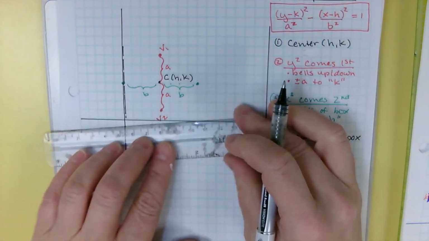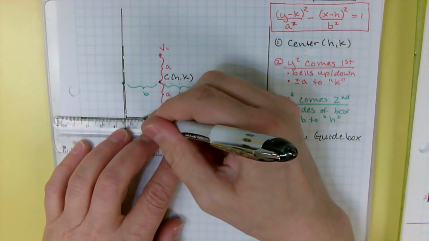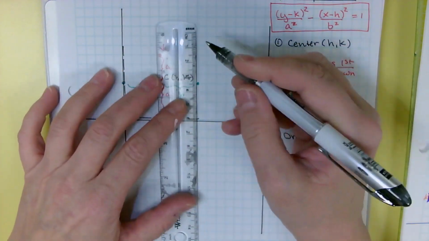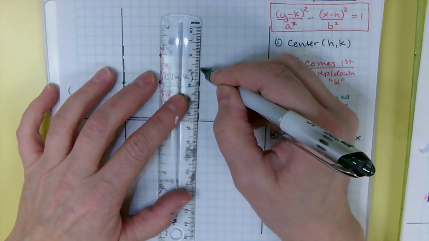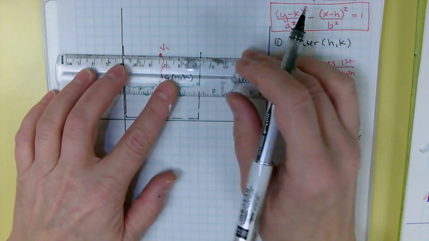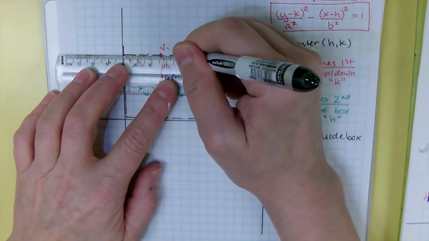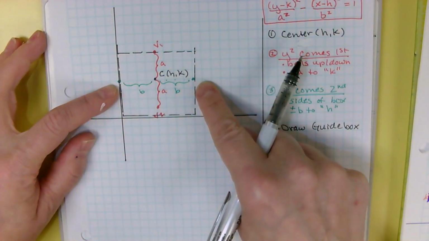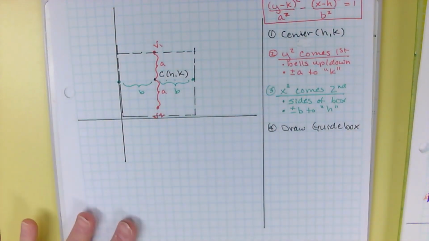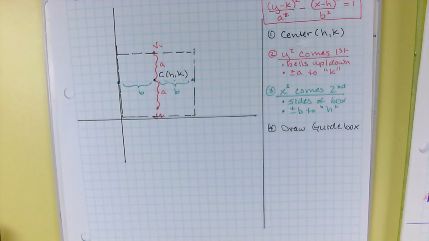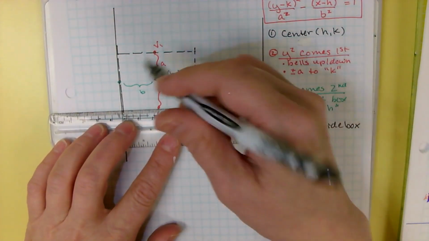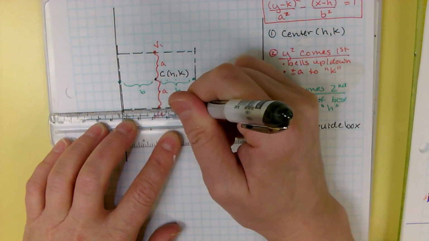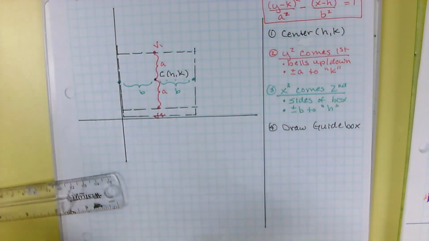So you go down and over and up and over, so that the vertices and your green B points are on the sides of the box. And I missed my vertex. Just a second. That's better.